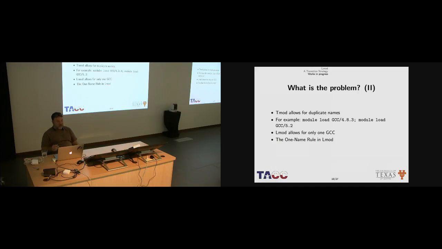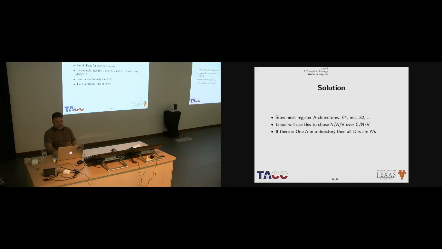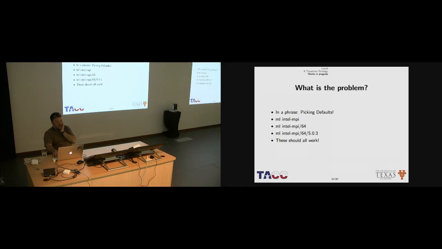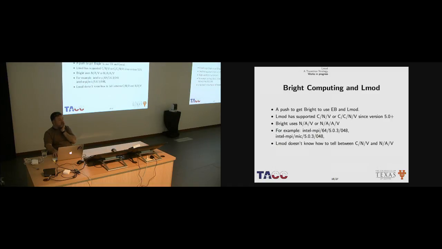That's what I call the one name rule, and that has huge implications for naming and for handling this. So what I want is for the name of the module to be intel-mpi and the version to be 64/503/048.